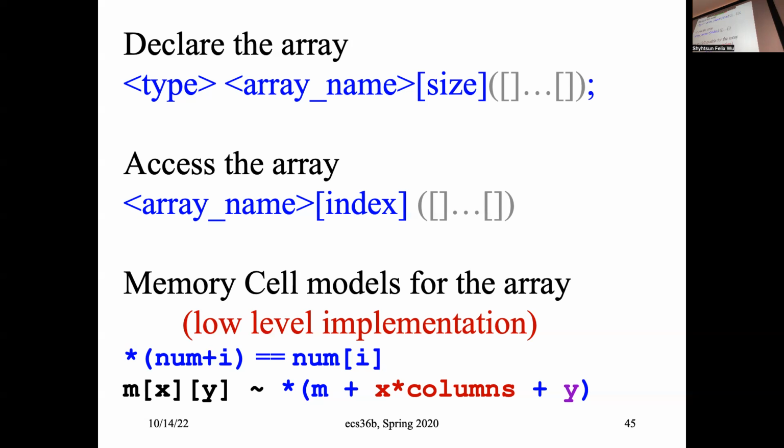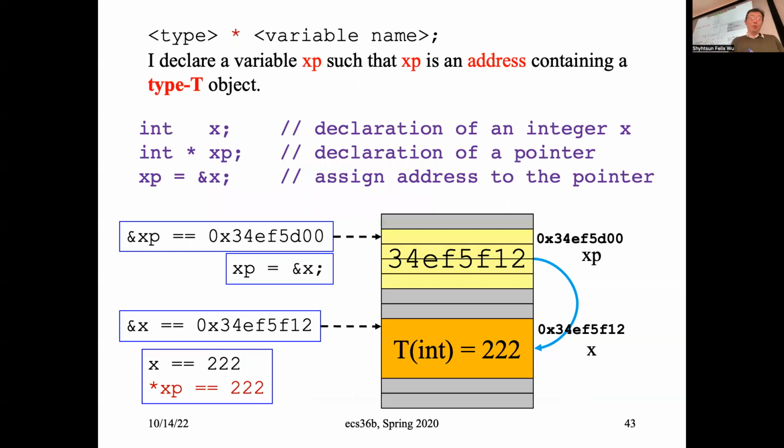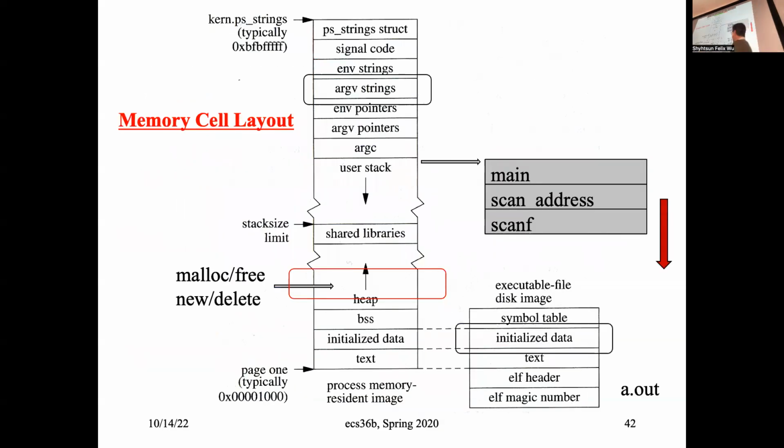So that is what we call a segmentation fault, because why? You go back to this picture, you try to access the memory that's out of range. The minimal address that you can have is 0001000. So immediately you access something lower than that, you get a signal, you get a segmentation fault.